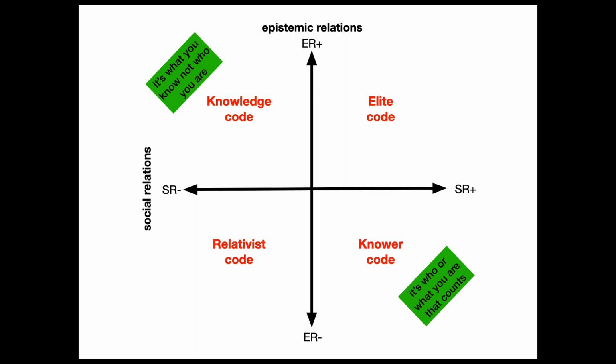And then the third one is an elite code, where both epistemic relations and social relations are strong, hence elite. Legitimacy here amounts to being knowledgeable and talented, let's say.